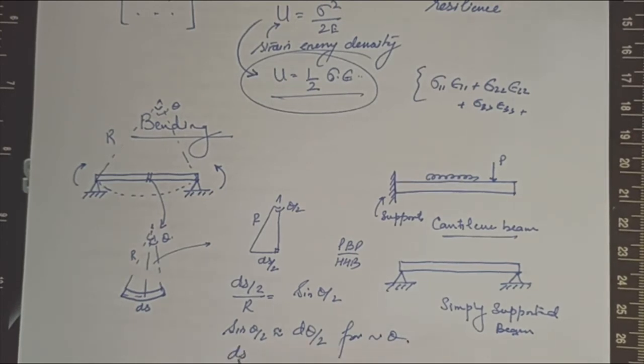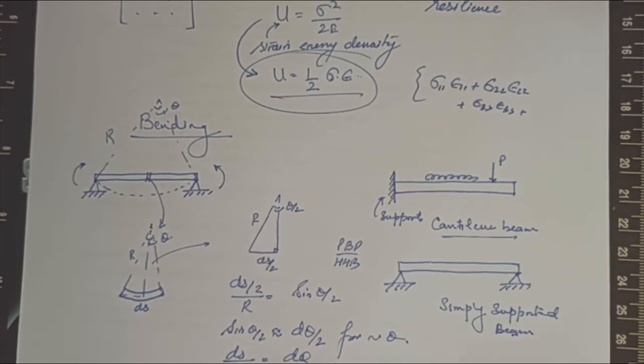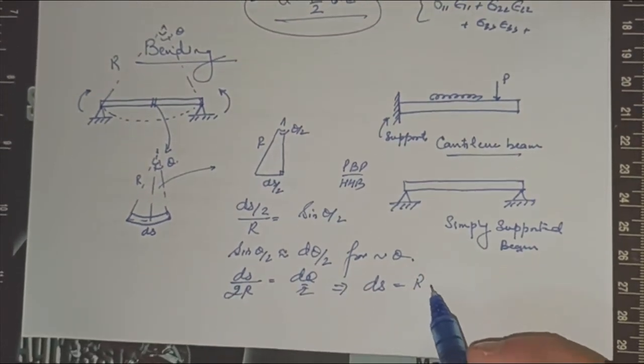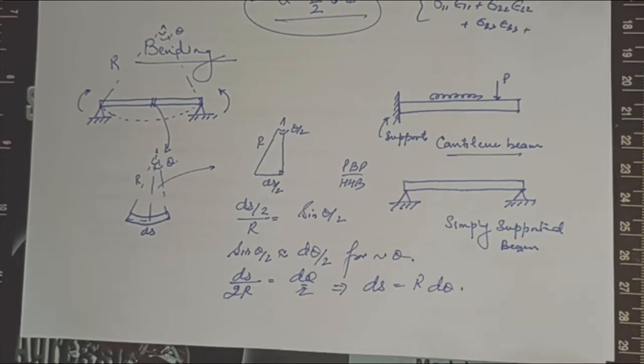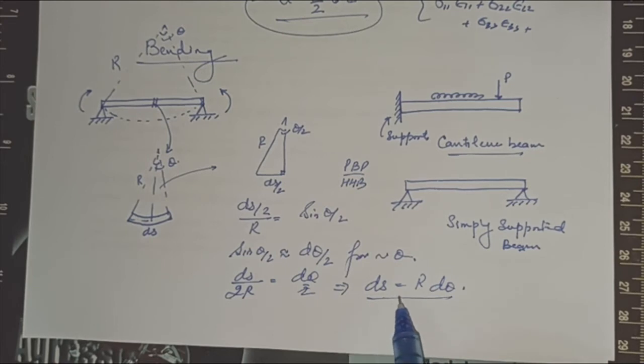So ds upon 2r equals d theta by 2. Cancel out 2. This will give you ds equal to r d theta. So what I wanted to know is ds, and ds is equal to r d theta.